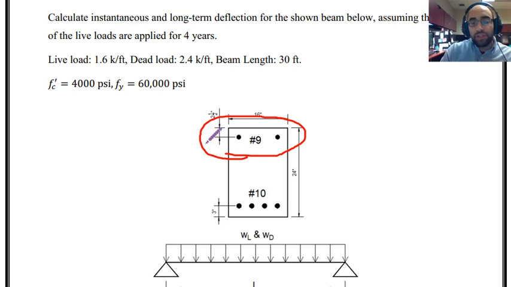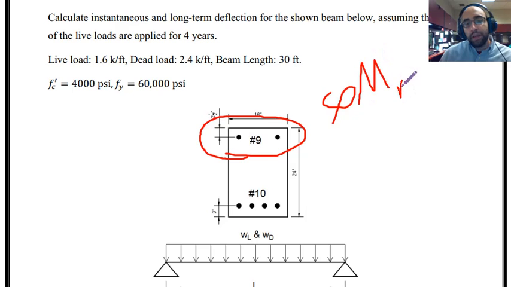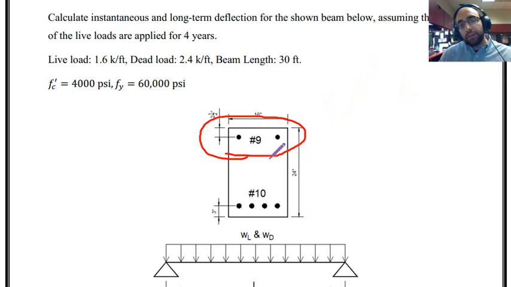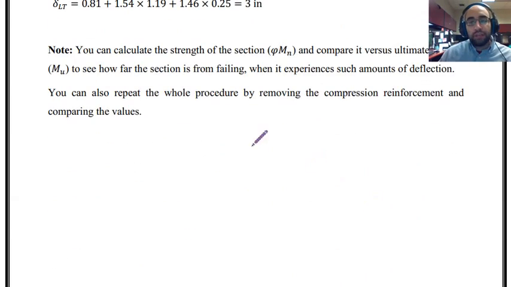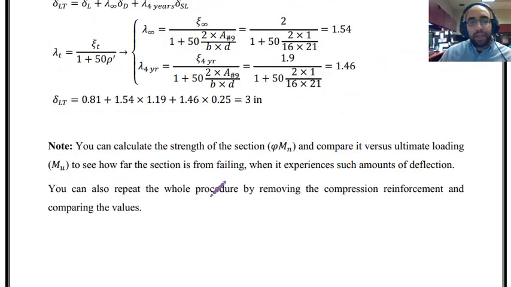Removal of this compression reinforcement, how influences the deflection values. And then you can also remove this compression reinforcement and calculate phi Mn and see how does this removal change the strength and also change the deflection values. That will be an interesting thing to study next to the major thing that we studied in this example.